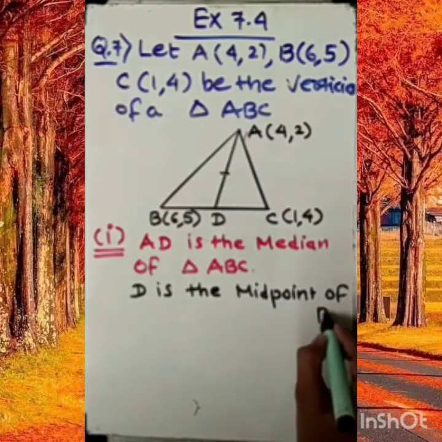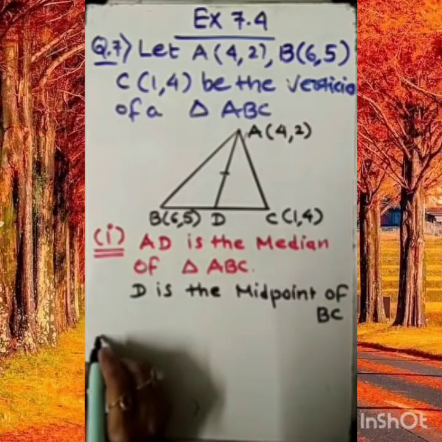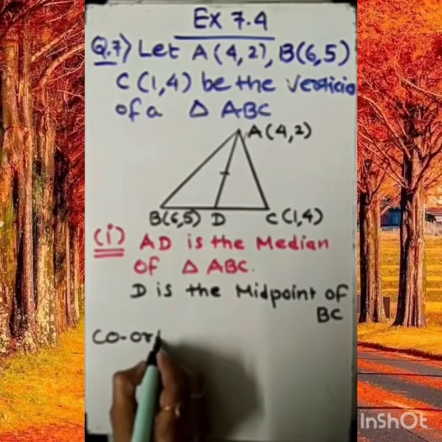D is the midpoint of BC. So we need to find the coordinates of point D.